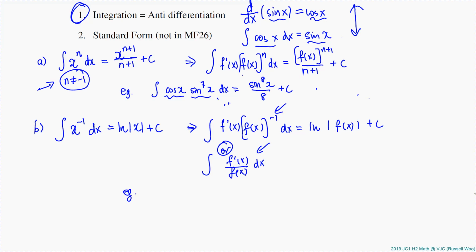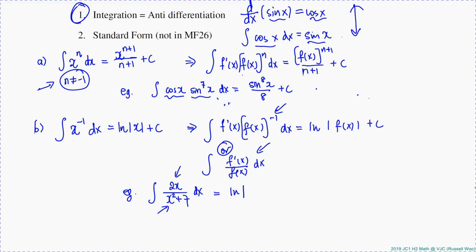Now, what if I need you to integrate, say, 2x over x squared plus 7? In this case, it's quite obvious. The numerator is f prime x, the denominator is f x. F prime x over f x.